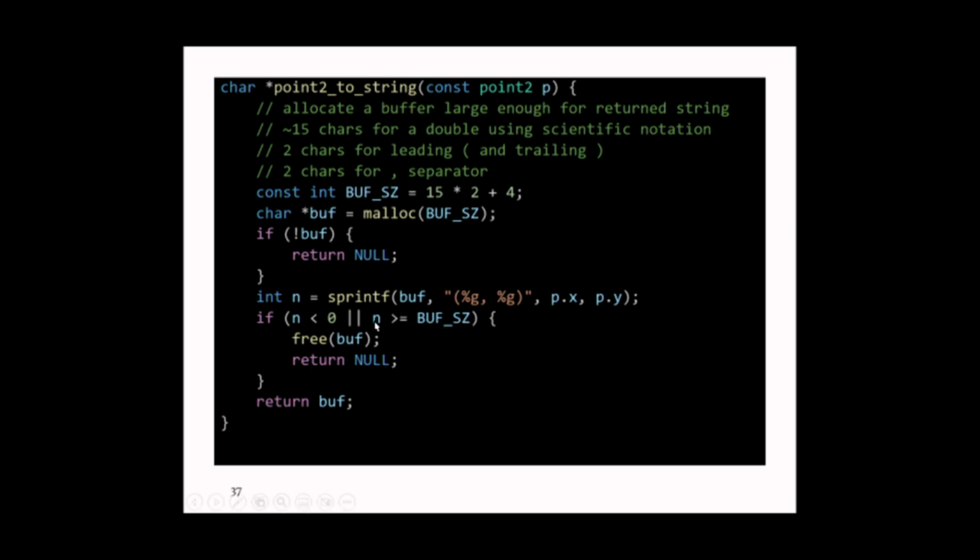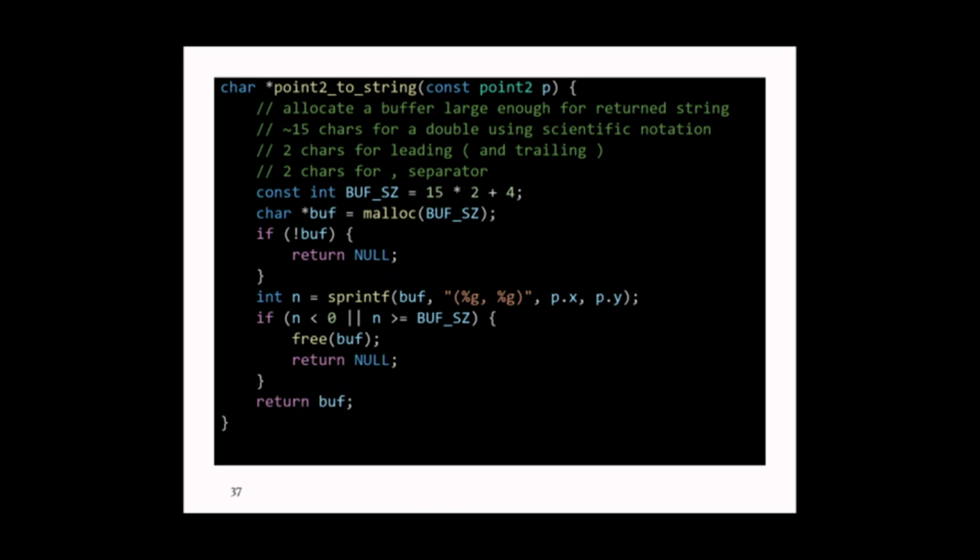If either one of those conditions happen, though, I'm going to free the buffer and return null, which indicates that this thing didn't work. So our function here returns null if it doesn't successfully print into the buffer. There's no good reason it shouldn't print into the buffer, but it's here just for safety. Finally, I can return the string at the end.